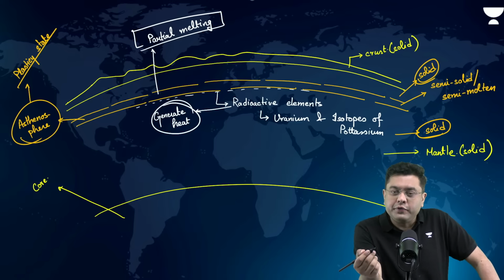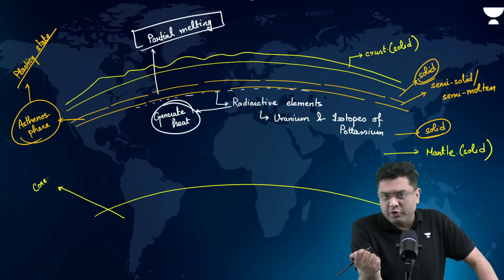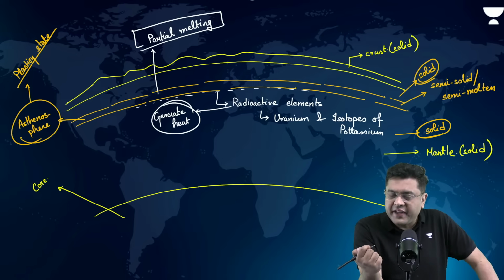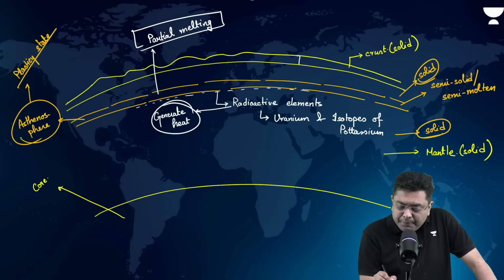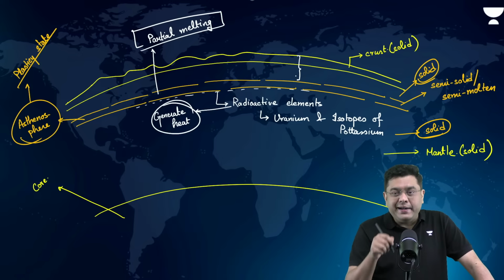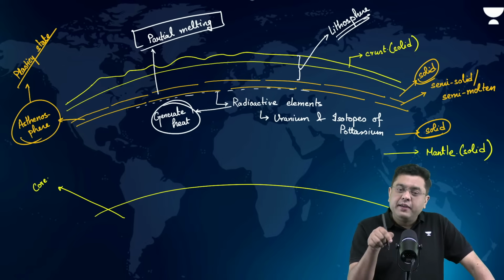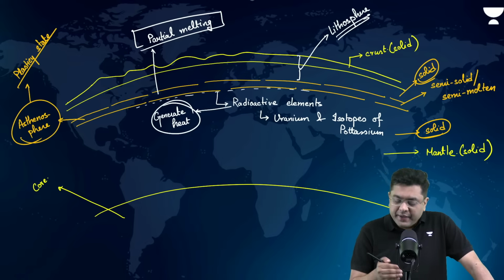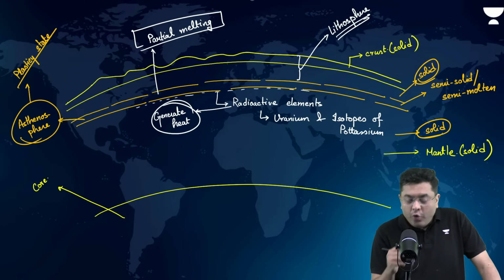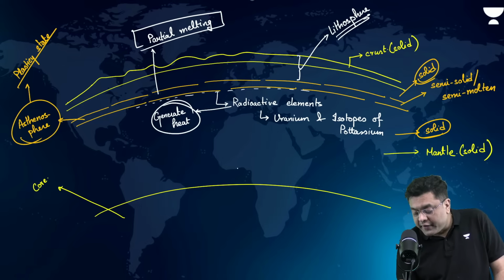That is why many geographers, when they classify the interior of planet Earth, use this classification: crust plus upper part of solid mantle is what has been referred to as lithosphere. Then underneath that asthenosphere, underneath that the lower mantle is also what is referred to as mesosphere.